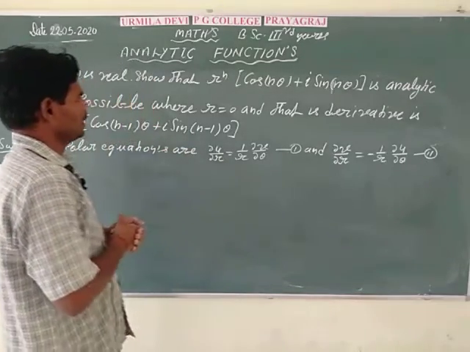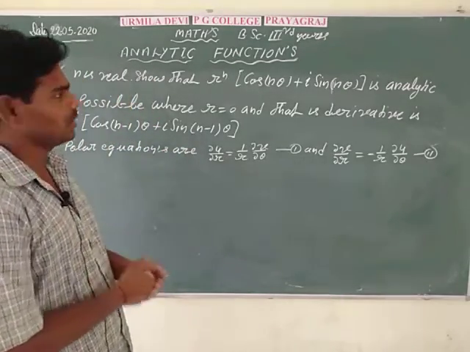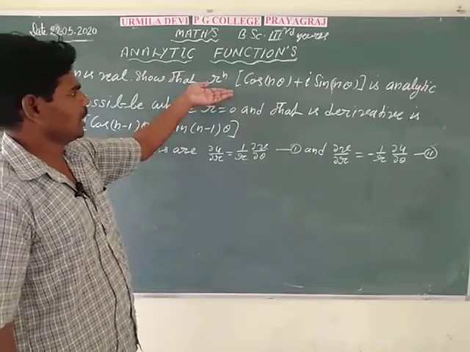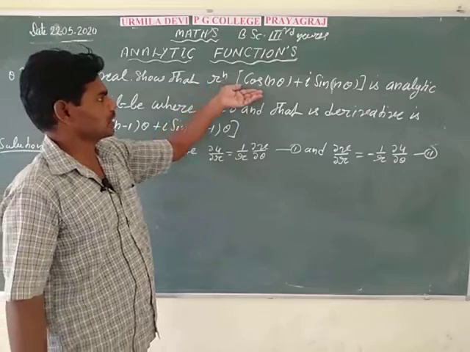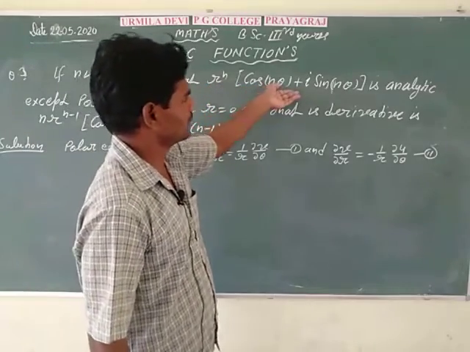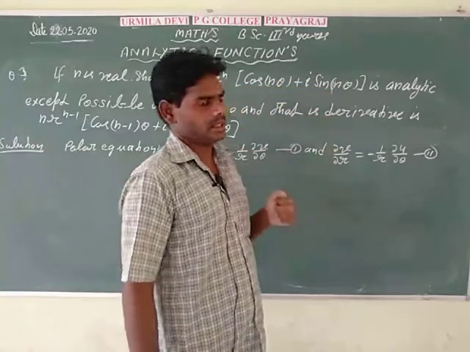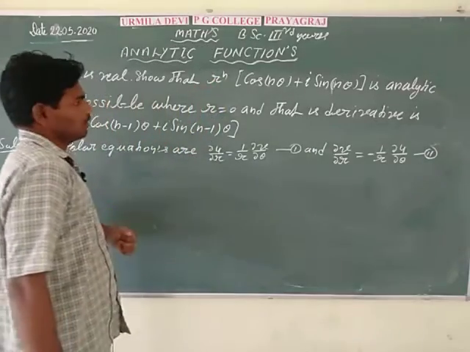In the question, the given function f(z) is in polar form, which is r to power n (cos n theta plus i sin n theta).